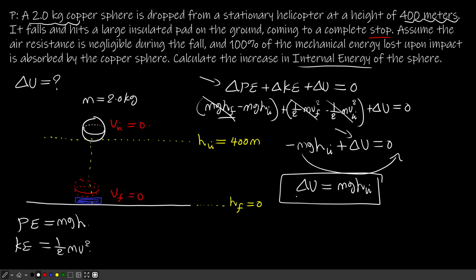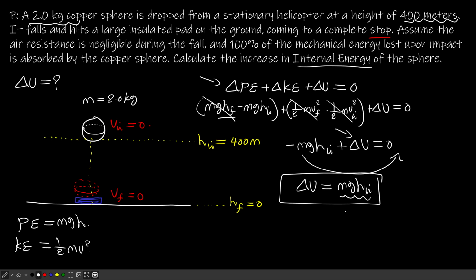It says that the change in internal energy is completely supplied by potential energy. Or in other words, the potential energy is all converted to internal energy. There is no leftover energy.